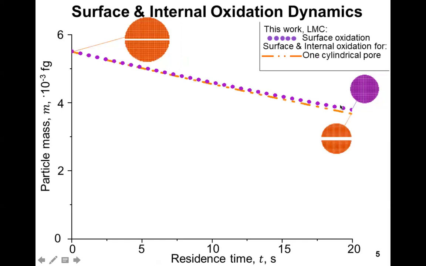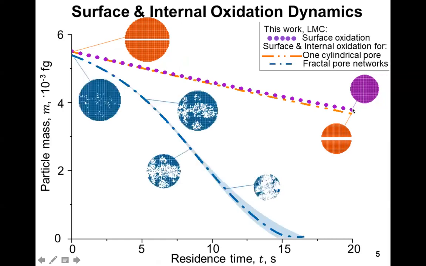Now, when we account only for a single cylindrical pore, you can see that internal oxidation increases the pore diameter uniformly, as of course it is expected, but it hardly reduces the particle mass compared to the surface oxidation model. Again, though, this is just a simplified pore network.